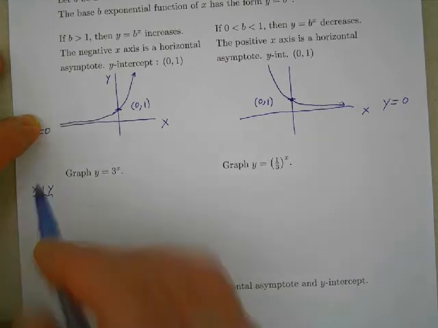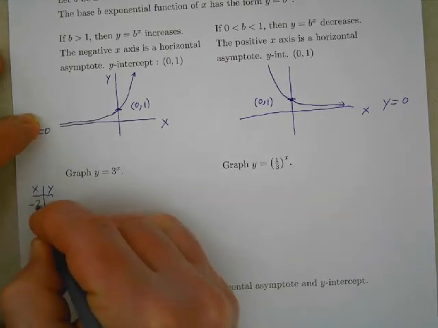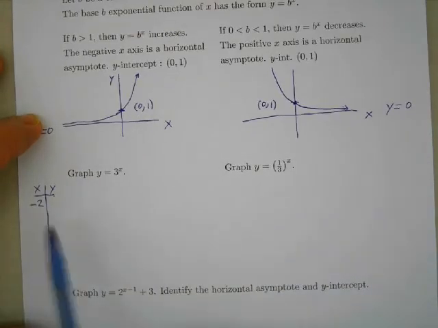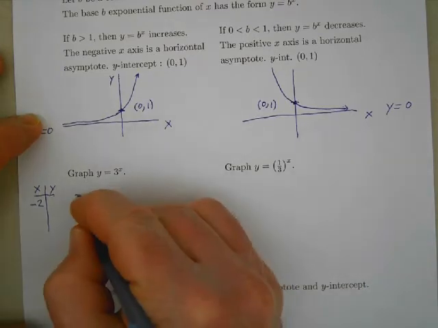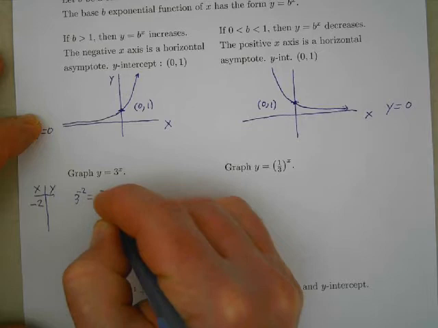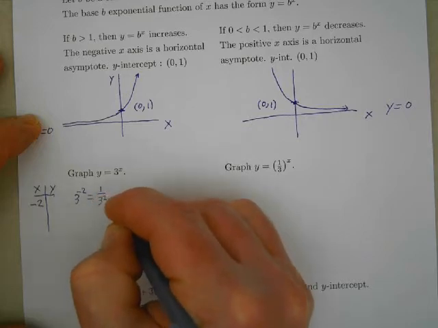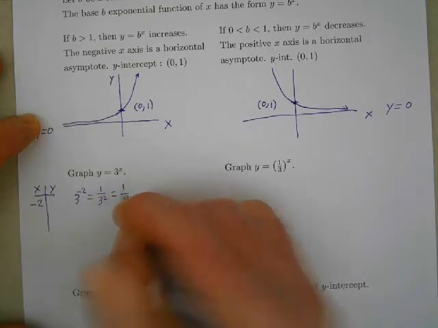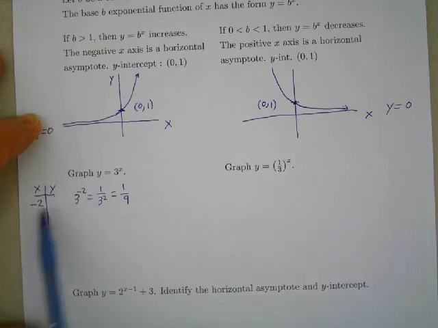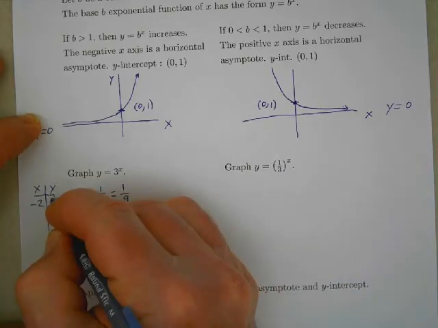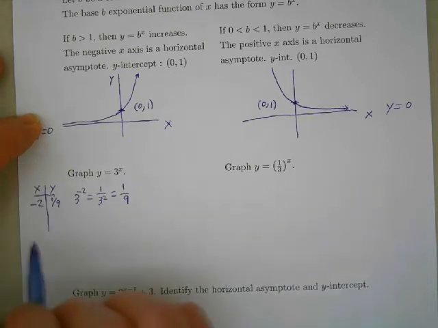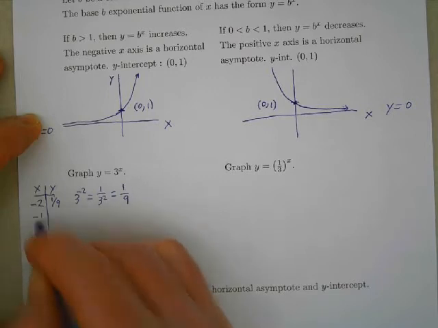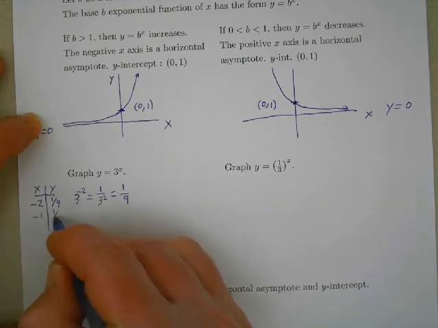Let's start with x equals negative 2. When x is negative 2, 3 to the negative 2 is 1 over 3 to the positive 2, which is 1/9. So when x is negative 2, the y-coordinate is 1/9. If x is negative 1, then we're going to get 3 to the negative 1, which is 1/3.